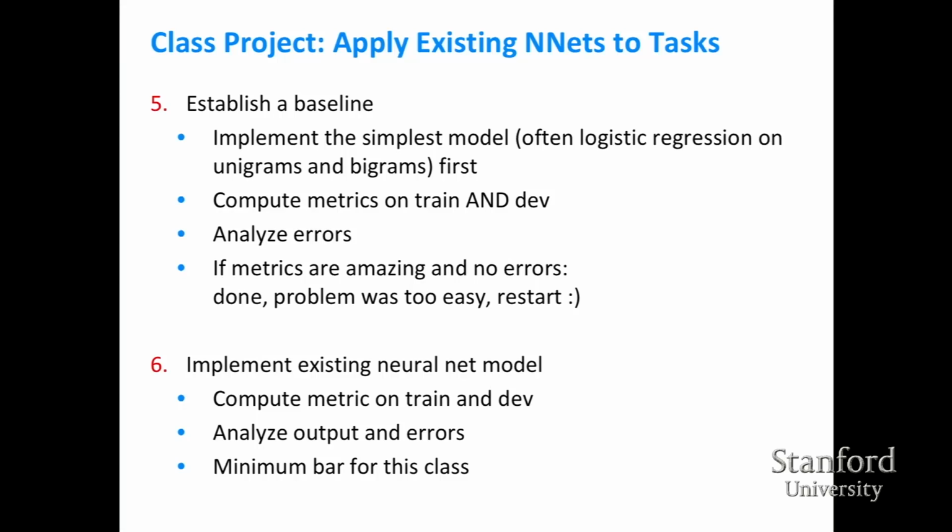All right. Now, number 5, establish a baseline. You basically want to implement the simplest model first. This could just be very simple logistic regression on unigrams or bigrams. Then compute your metrics on your training data and your development data, so you understand whether you're overfitting or underfitting.